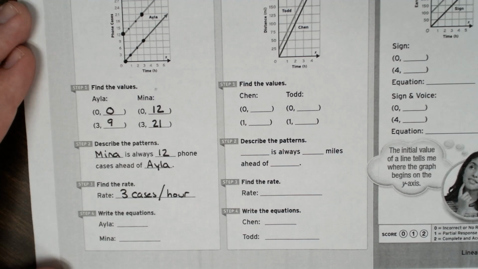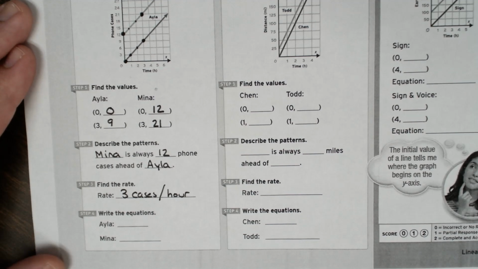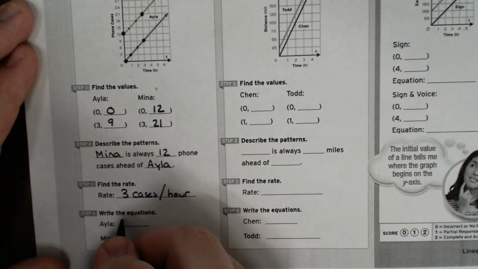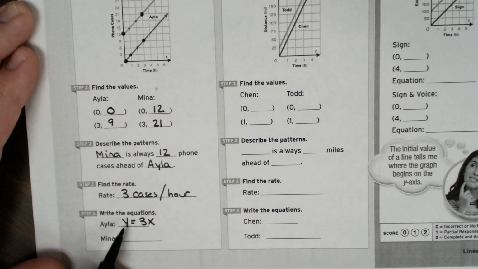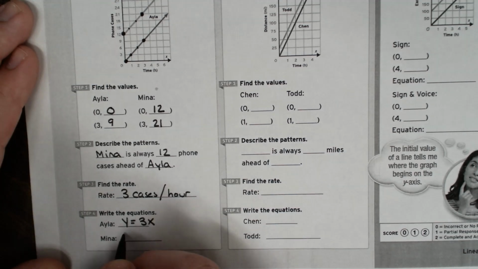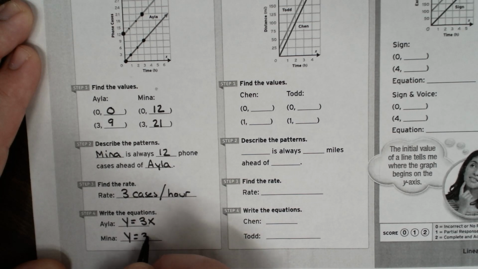So the equations that would best describe this, for Ayla, she just makes 3 cases per hour. The number of cases she makes is equal to 3 times the number of hours she's been there. For Mina, she's also making 3 cases per hour, so y equals 3x.